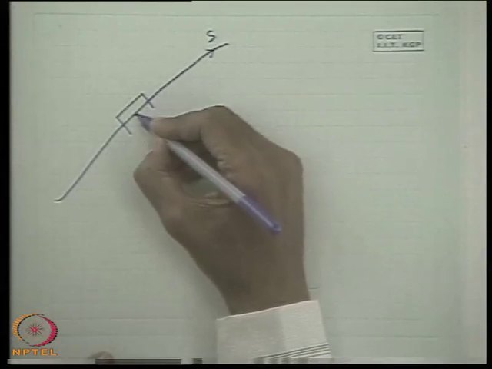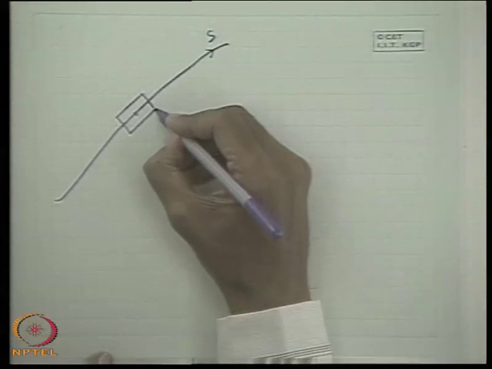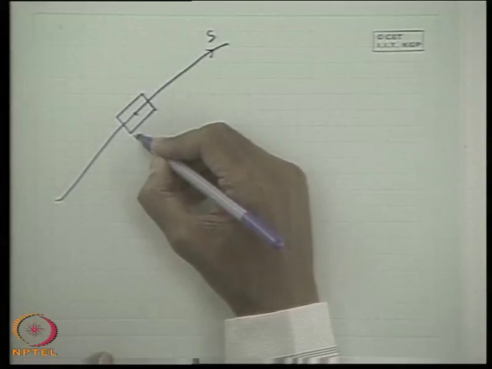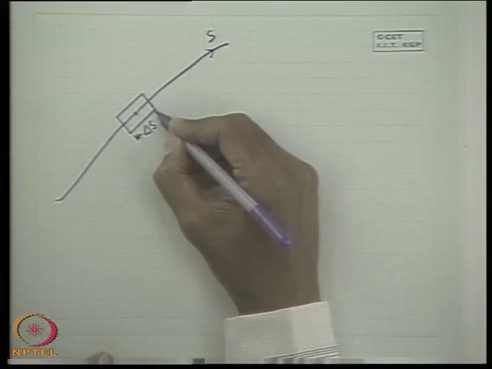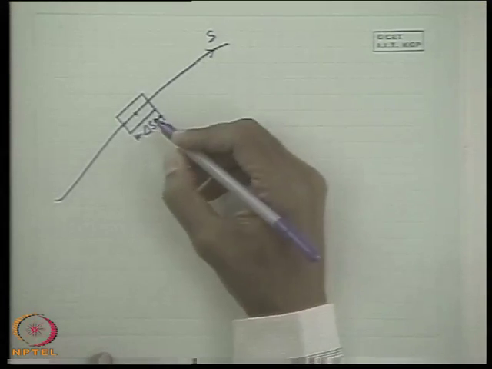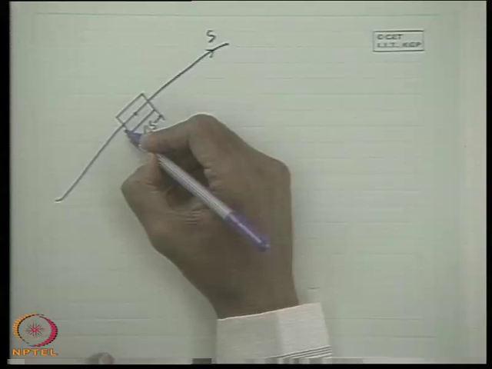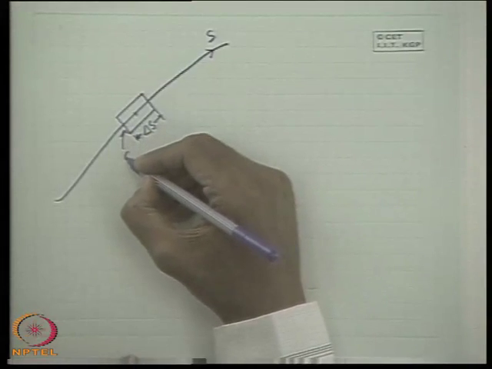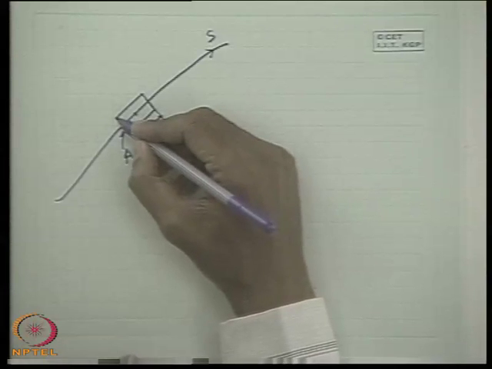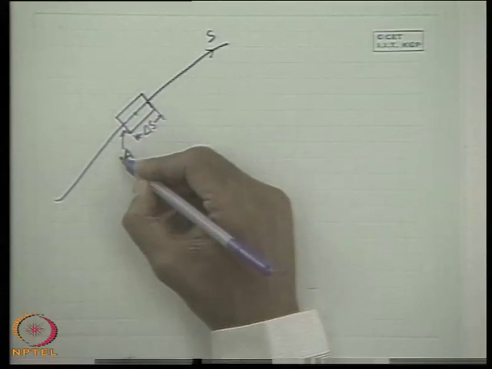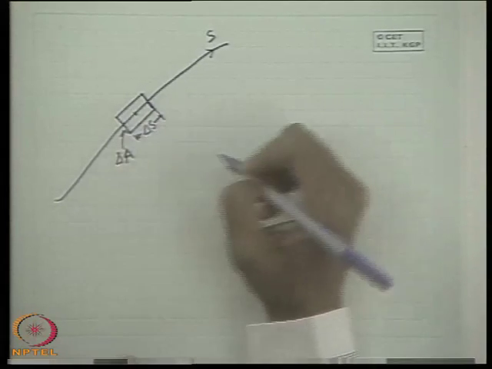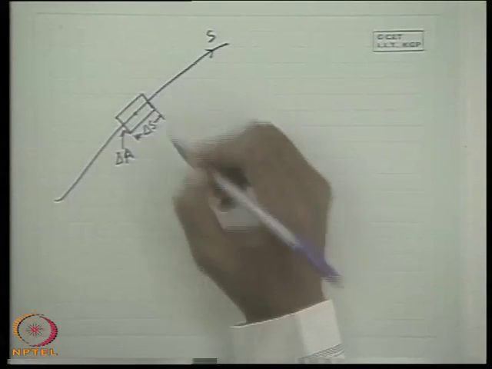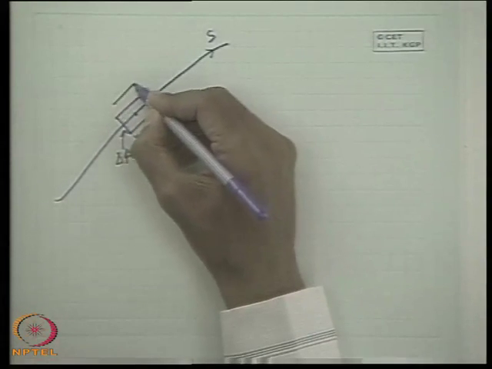At any point here we consider a fluid element whose length is, for example, delta S along the streamline, and let us consider its cross sectional area to be del A, a small fluid element, with the cross sectional area perpendicular to this plane. Now this is moving at a velocity.